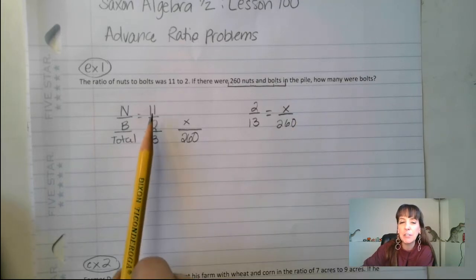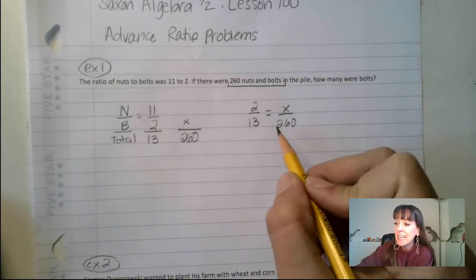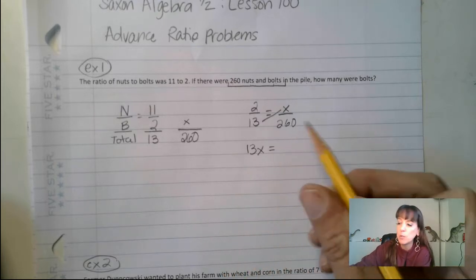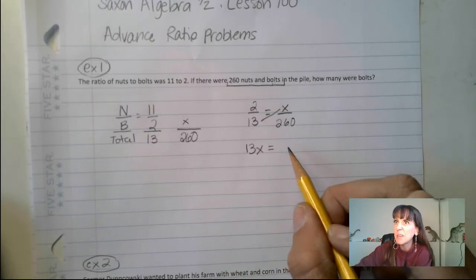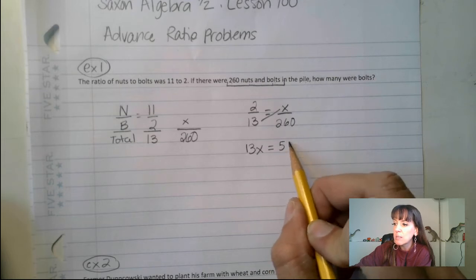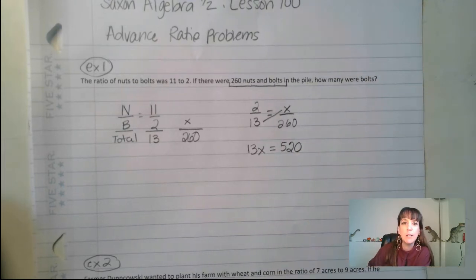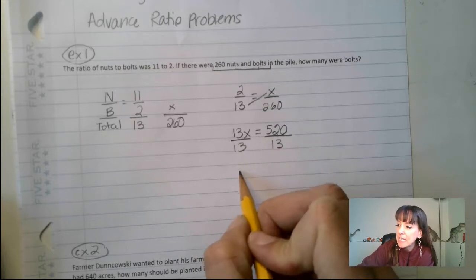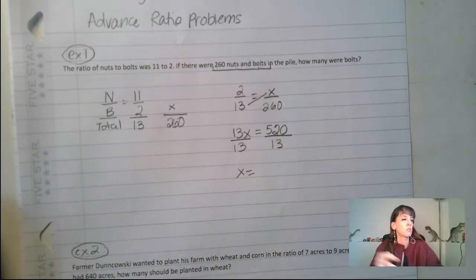You want to be real careful that you're not using 11/2 in this. Cross multiply, we get 13x equals 260 times 2, that's going to be 520. Divide this by 13, divide this by 13, and x equals, let's just make sure I don't mess this up, 520 divided by 13 gives me 40.